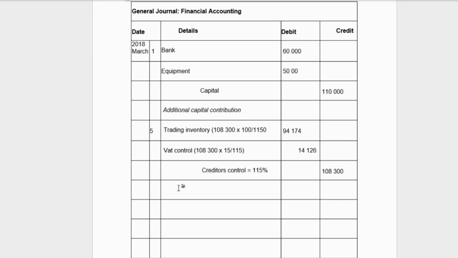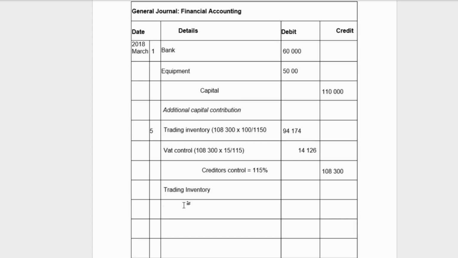So when you record this transaction, you are going to account for trading inventory, because remember we are saying trading inventory because of the periodic inventory system that we are using. So we are going to call our carriage trading inventory because it's going to be part of the cost of trading inventory, right?